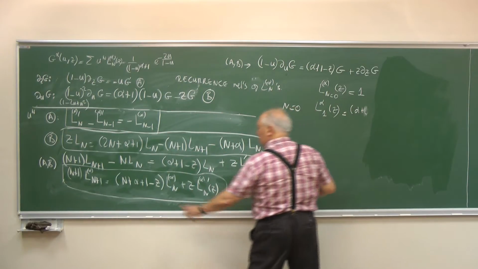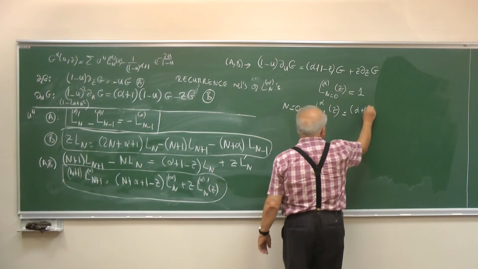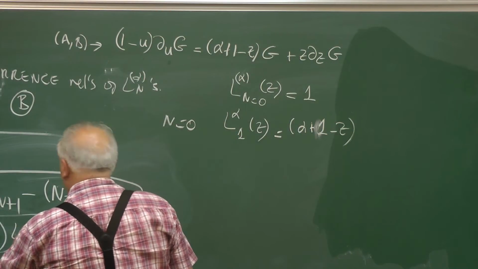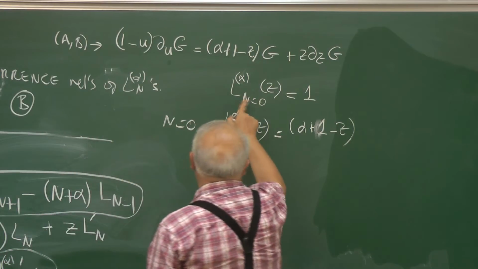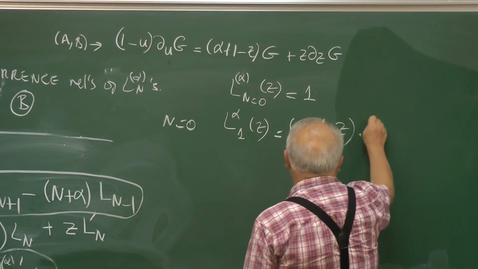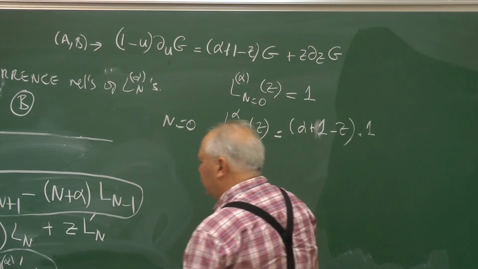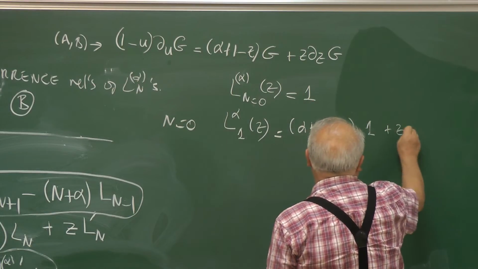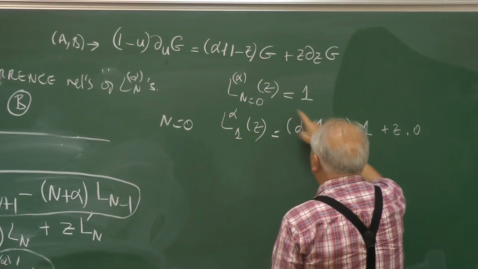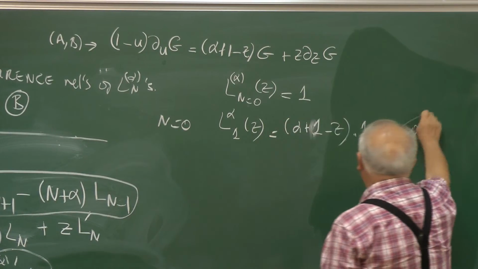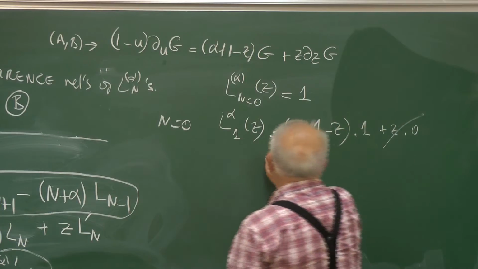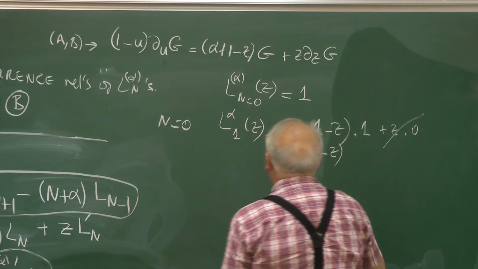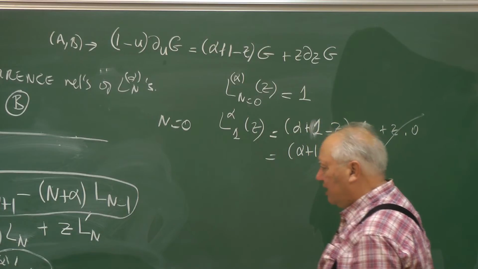With n equals 0, alpha plus 1 minus z times L alpha 0, but L alpha 0 is 1, times 1, plus z times the derivative, but the derivative of this thing is 0. So we have alpha plus 1 minus z. That's the first one.